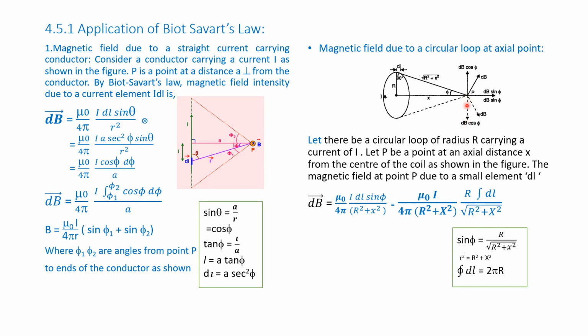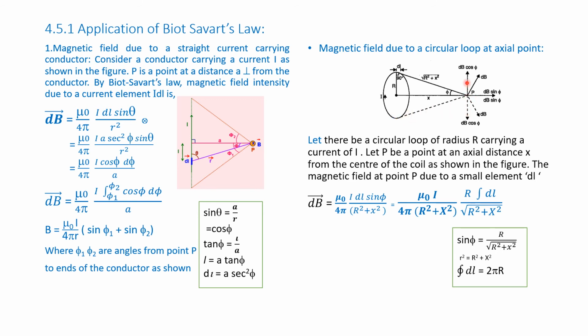It has another horizontal component along the x-axis, which is also dB sin phi. So the two horizontal components are in the same direction, whereas the vertical component dB cos phi due to the topmost element is vertically up, and the one due to the bottom current element is down.